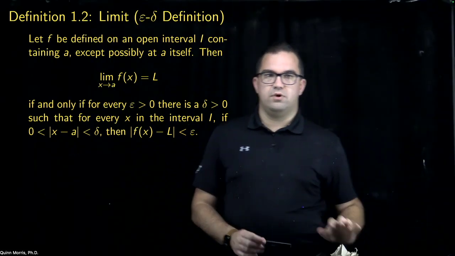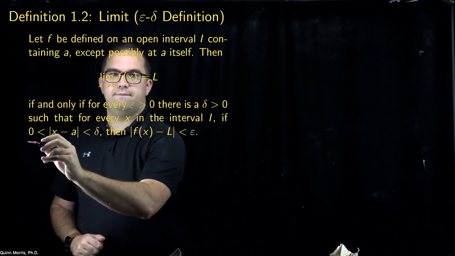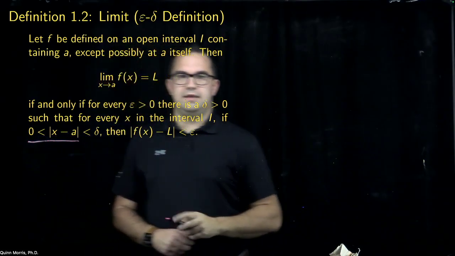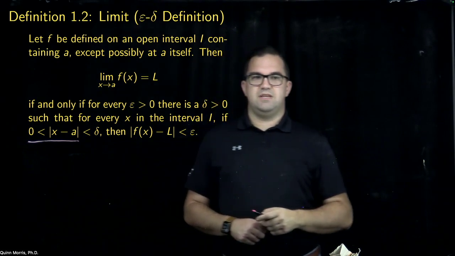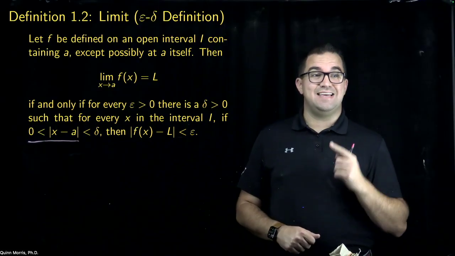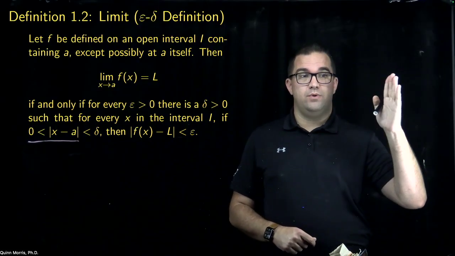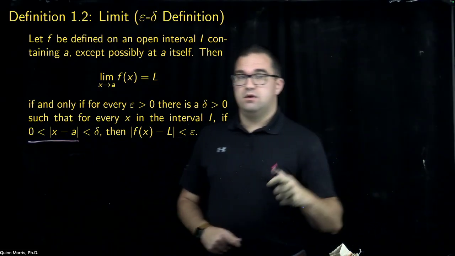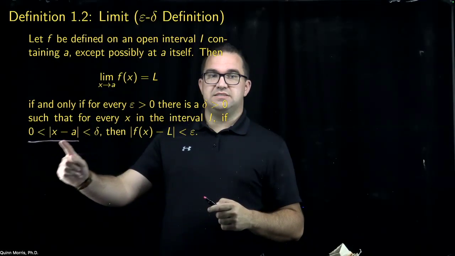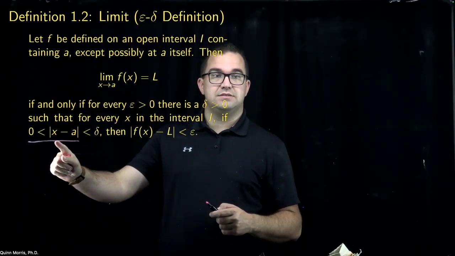So if I look, for example, right here, at this half of this inequality, notice that this definition is saying I don't care what happens when x is equal to a. So I'm not worried about what the function is doing at x equal to a, because if x was equal to a, then this difference would be 0. And I'm specifically excluding the equals 0 case.